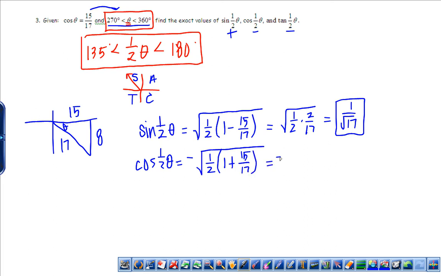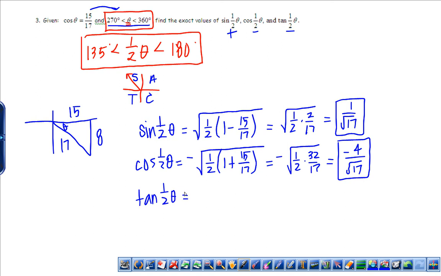So this is going to be negative square root of 1/2 times 32 over 17. Simplifies to negative 4 over root 17. Again, you do not have to rationalize. Okay, so tangent of 1/2 theta.